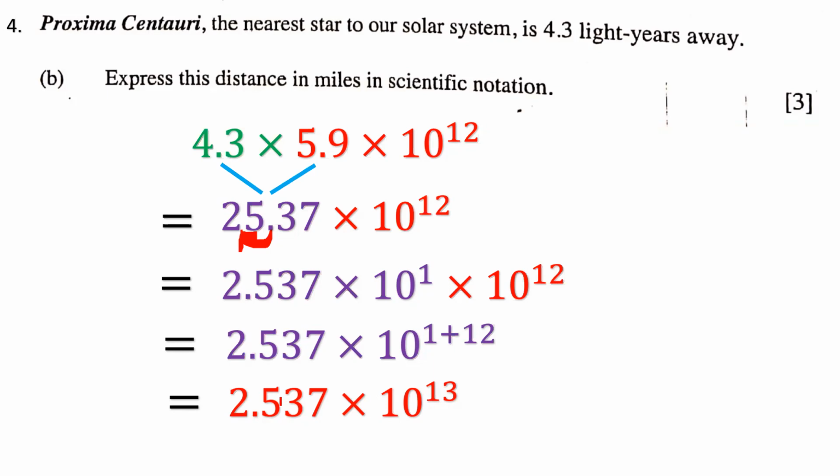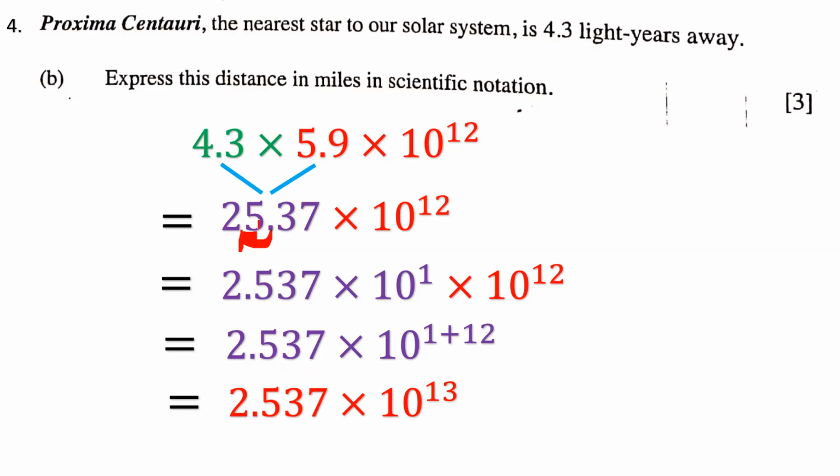For scientific notation, it could be greater than or equal to 1, but has to be less than 10. I think I said 0 at the beginning, but it has to be greater than or equal to 1, but less than 10.